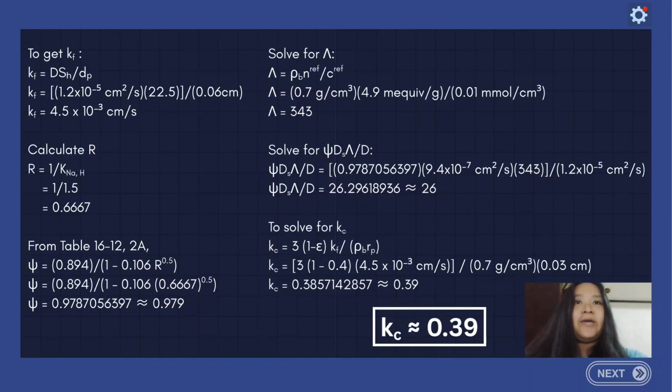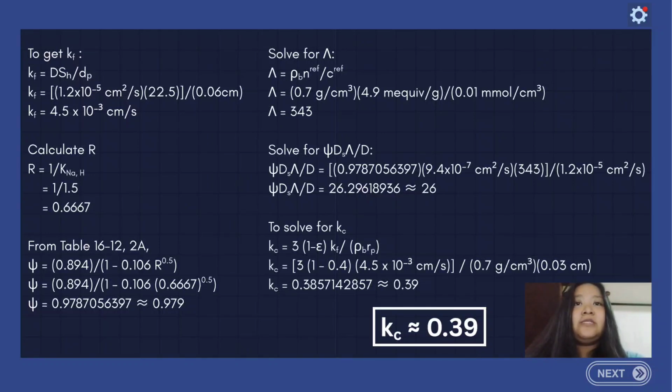To solve for the capacity ratio lambda, we need to multiply the bulk density and the capacity of the resin divided by the concentration of the fluid, which is equal to 0.7 gram per cm cube times 4.9 milliequivalents per gram over 0.01 millimoles per cm cube, and that is equal to 343.